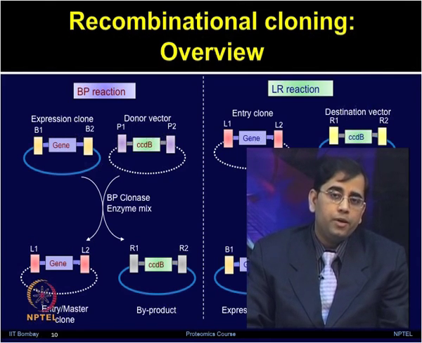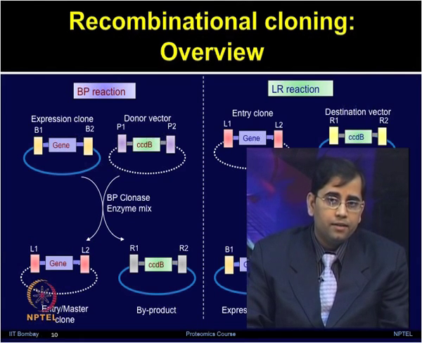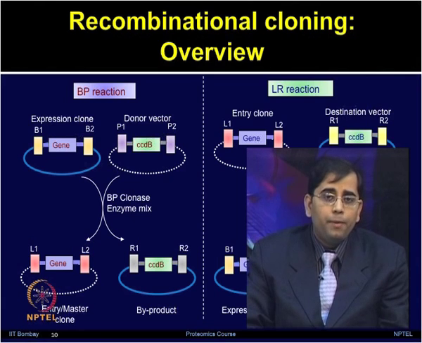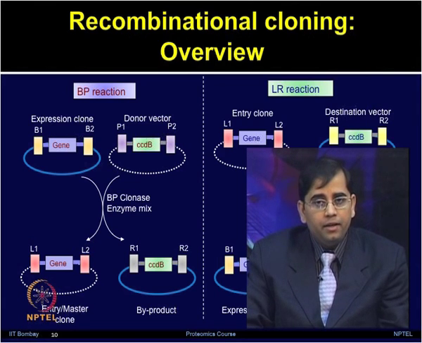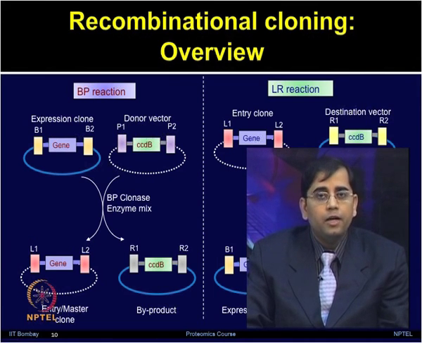Recombinational cloning makes use of a master clone, as you can see in the slide, having a particular gene that can be rapidly transferred to the desired destination vectors, and thereby it provides significant benefit over the conventional cloning methods.